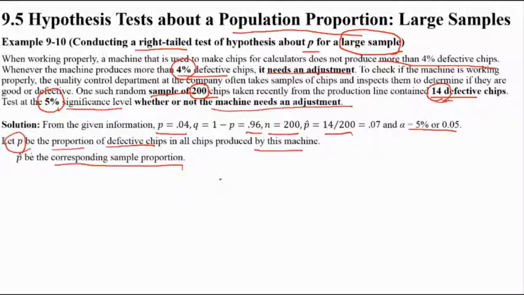All right, we have 5 steps. First step, find the null hypothesis and the alternative hypothesis.